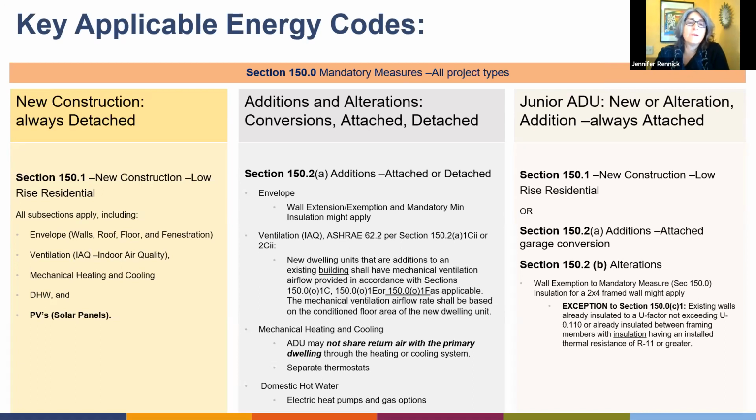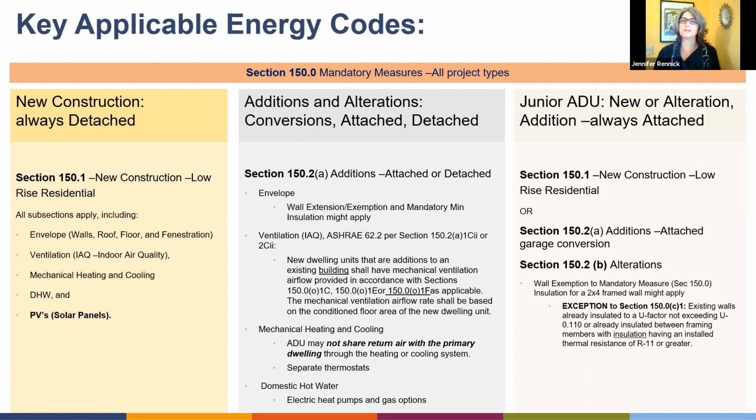Sure. One of the most common questions we have, well, there's a couple, but one of them has to do with when PV is required and when PV is not required. By PV, I mean solar panels that generate electricity. It's going to be helpful to tease apart how the energy code calls these different types of structures.